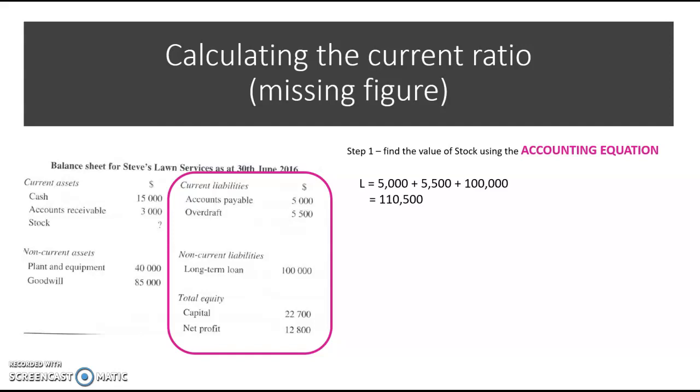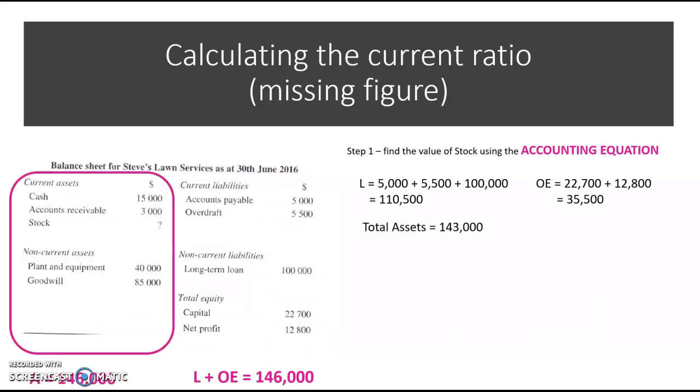We know that our liabilities is going to be our current liabilities plus our non-current liabilities, which in this case is going to be $110,500. We know that our owner's equity is going to be our capital plus our net profit, which in this instance is going to be $35,500, giving us a total for this side of the balance sheet of liabilities plus owner's equity of $146,000. That means that our total assets have also got to be $146,000. We know that we already have $143,000 in assets, so therefore our stock has got to be $3,000.